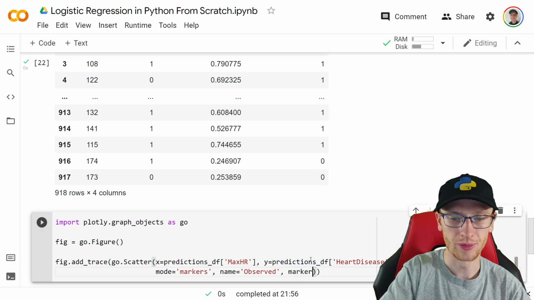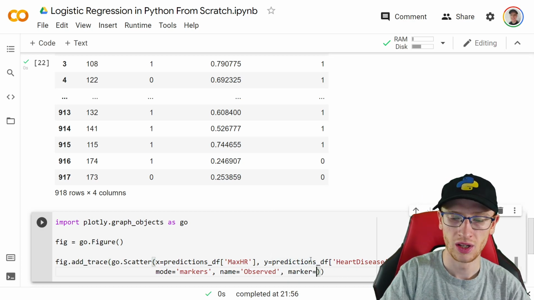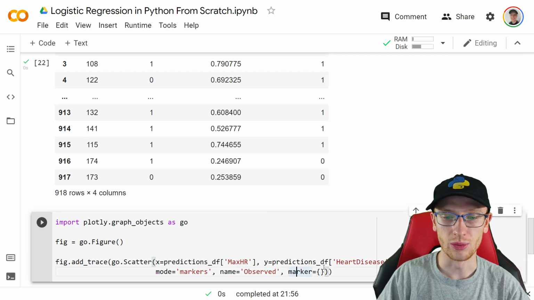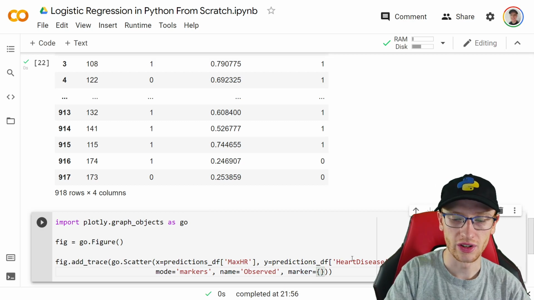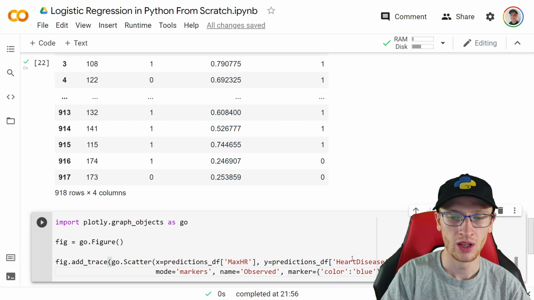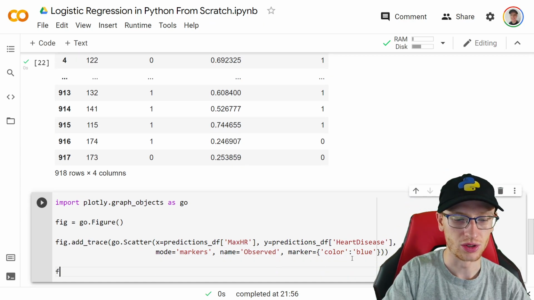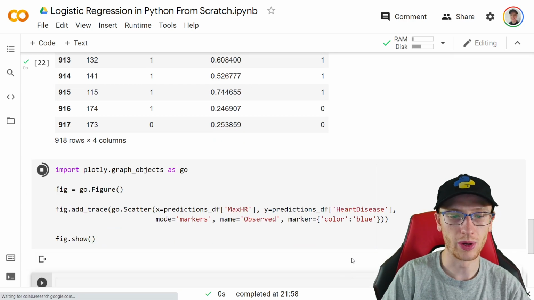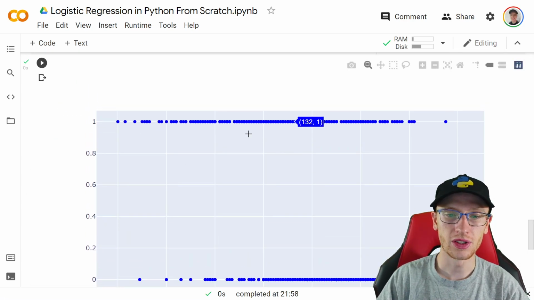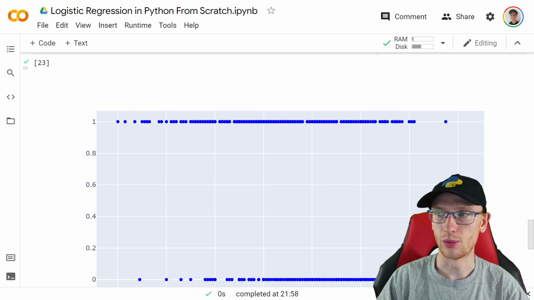And marker is equal to, this is just an artifact of the graphing library, it's a little bit annoying, the dictionary of color set to blue in strings. It'll know to convert that to blue. And if I output this, it's also just fig.show like it is with matplotlib. And that's our graph, which looks exactly the same as before, but the colors are a little bit boring. Okay, and that's totally fine.